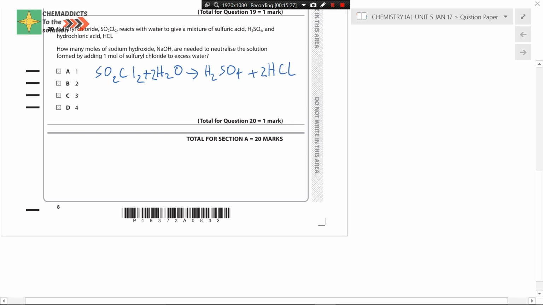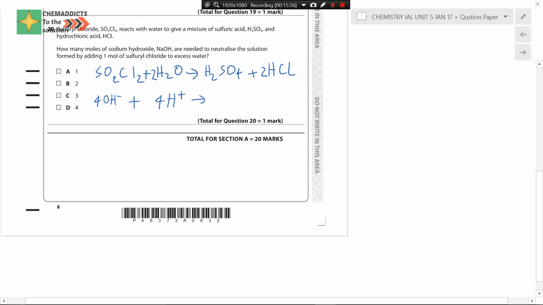So 2 H plus ions and 2 H plus ions make 4 H plus ions in total. Since 4 H plus ions are present, there should be 4 hydroxide ions in order to neutralize them.